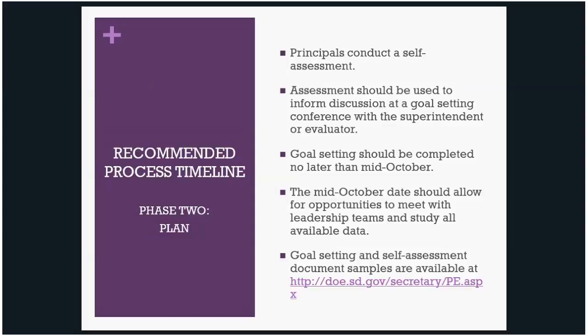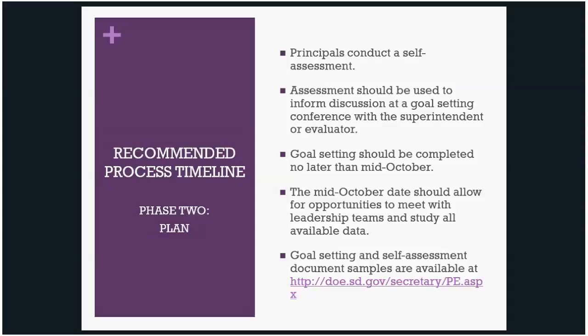You can certainly come up with your own, but if you want to look at some that have already been developed for you, they're there. The assessment actually informs the discussion where the superintendent and or the evaluator and the principal sit down together to establish goals. We're going to recommend that goal setting should be completed no later than mid-October.